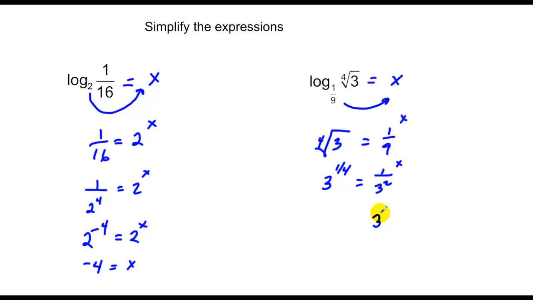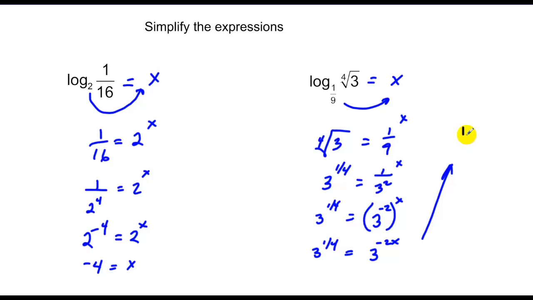So this is 3 to the negative 2 raised to the x is equal to 3 to the 1/4. Multiply powers. 3 to the negative 2x is equal to 3 to the 1/4. So I have 1/4 equals negative 2x, and negative 1/8 is equal to x.